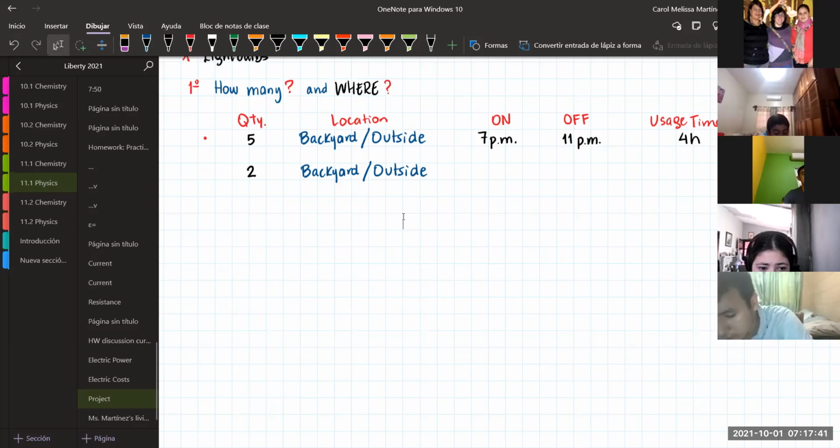I don't need to know specifically at what time I turn it on and off because that's not something that I do every day. And if I do it, it's at different times, in different moments. So I'm just going to write the use time for this. I will say that I turn it on for 0.5 hours, just 30 minutes.